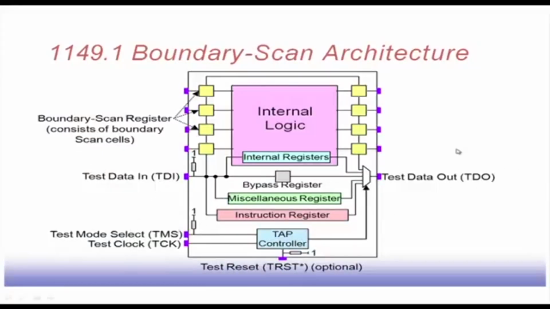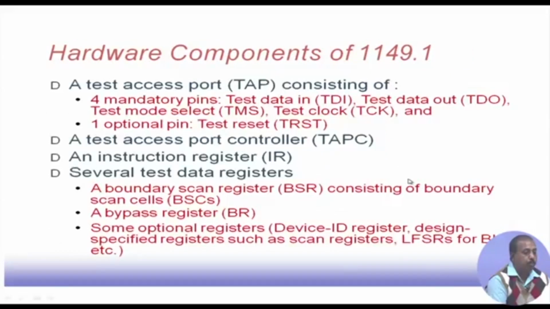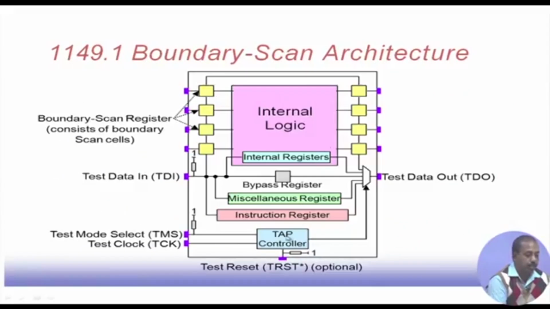So, these are the 4 pins that must be there in any 1149.1 boundary scan. Then there is an optional pin which is test reset. Okay, that is optional. Now, there is one test access port controller, TAPC, like in this case this is the TAPC, the test access port controller, and this is the reset signal.